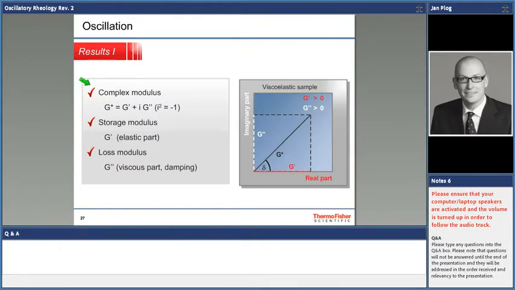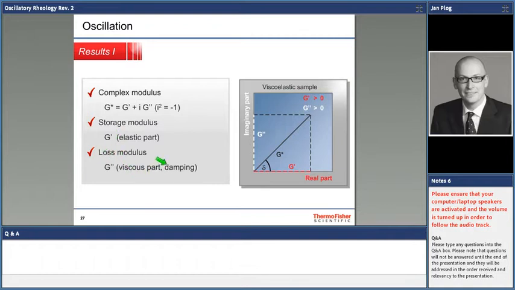What I told you is that this complex modulus, which we measure as the constant of proportionality between stress and strain, can now be separated into two parts. The first part is G prime, the so-called storage modulus or elastic modulus. The other one, the complex part, and again I don't want to go into complex numbers today too much, is G double prime, which is the loss modulus, the viscous modulus.